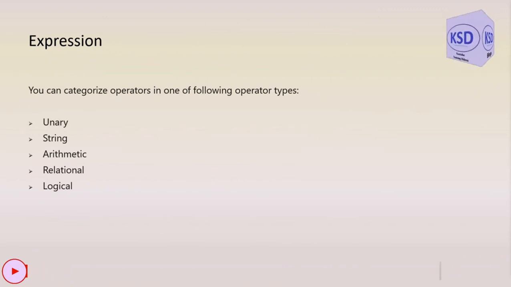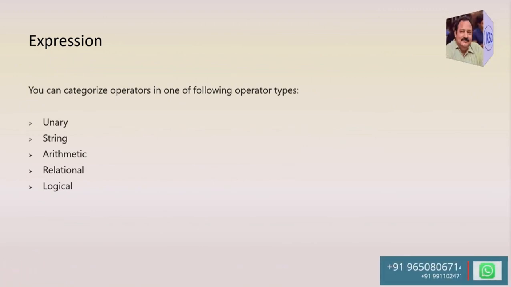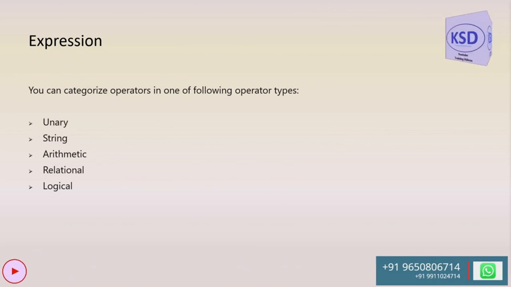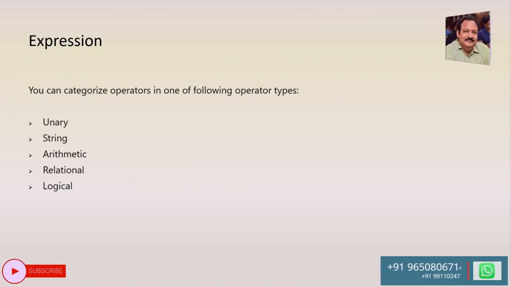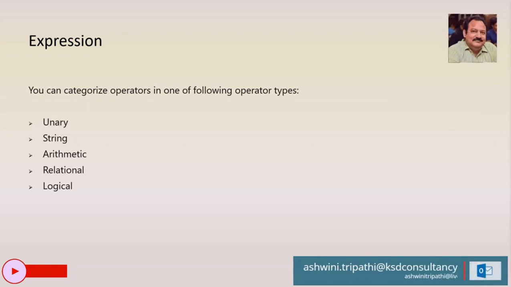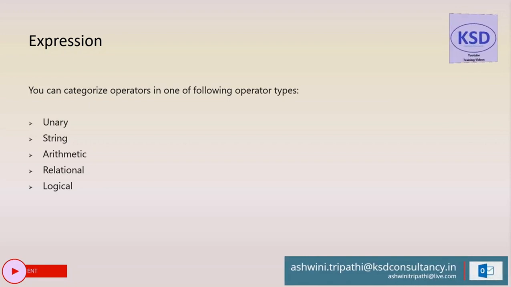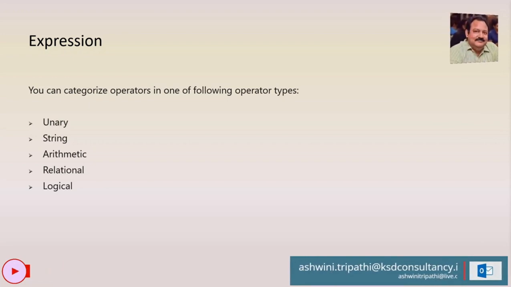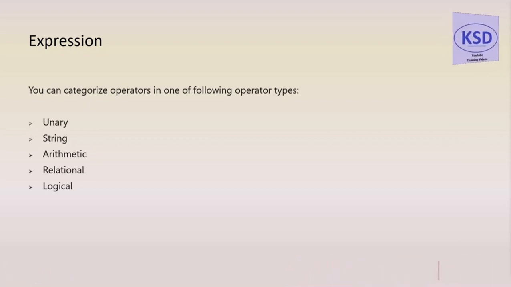Next is our expressions. So what do we use expressions for? Basically, an expression is a formula that specifies how to generate a desired value and then evaluates to that value.